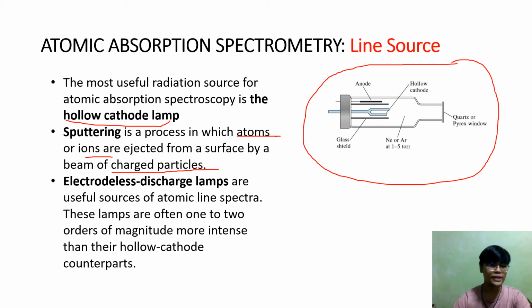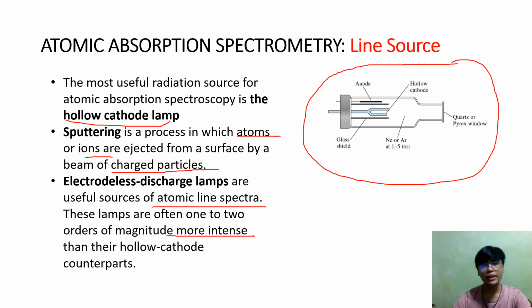Electrodeless discharge lamps are useful sources of atomic line spectra. These lamps are often 1 to 2 orders of magnitude more intense than their hollow cathode counterparts.